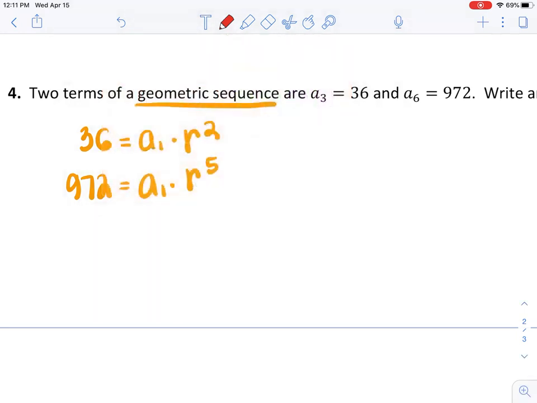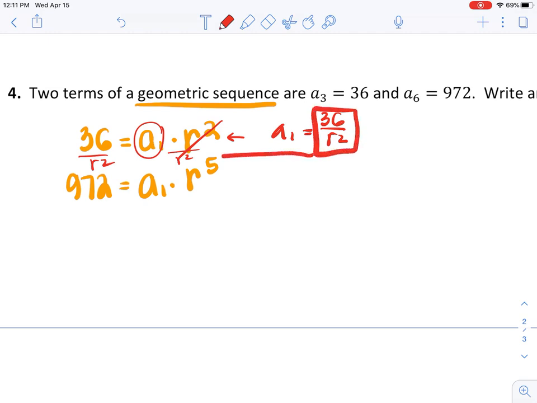Now remember, you're going to use substitution. You're going to solve the first equation for a sub 1. So how do I get a sub 1 by itself? Divide both sides by r squared. Now you're going to take this and substitute it into this equation.